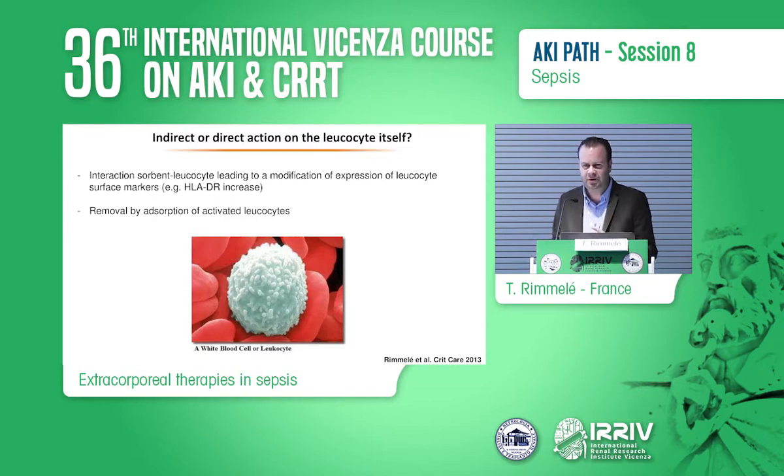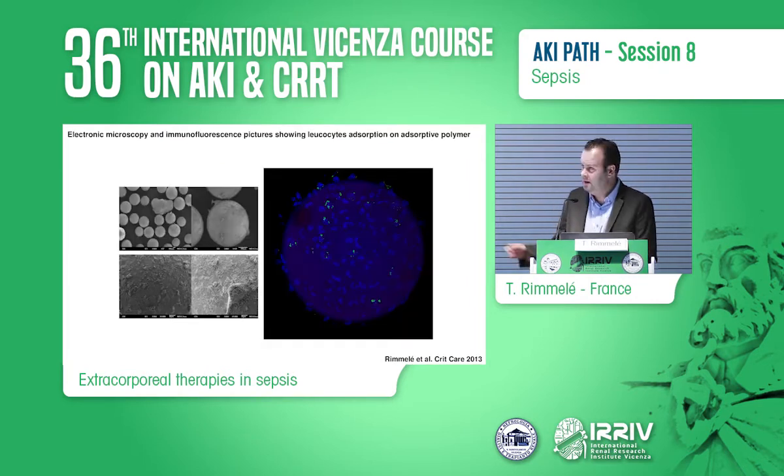So you can also decrease the number of leukocytes in the blood thanks to this device. So we don't really know which strategy we should follow, but you can see that there are different hypotheses. And here, talking about the absorption of leukocytes, you can see on these pictures that you have some devices. This is divinylbenzene beads. They are able to absorb the leukocytes directly at the surface of the device.